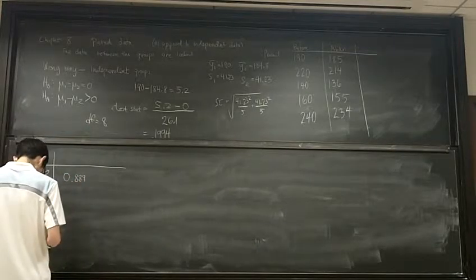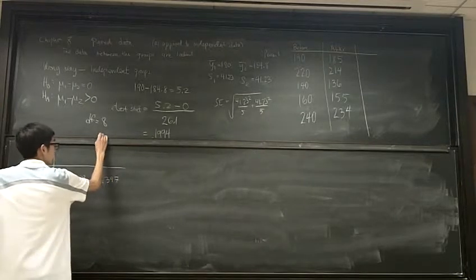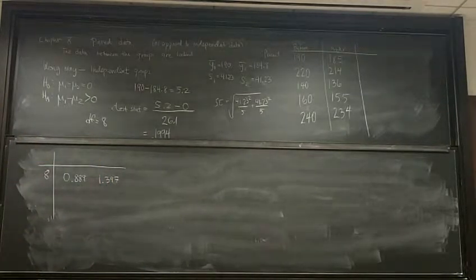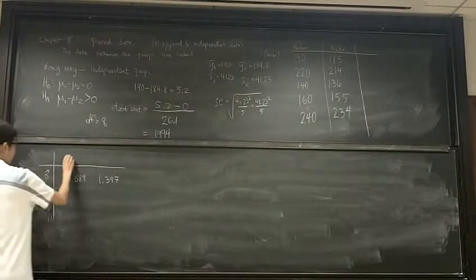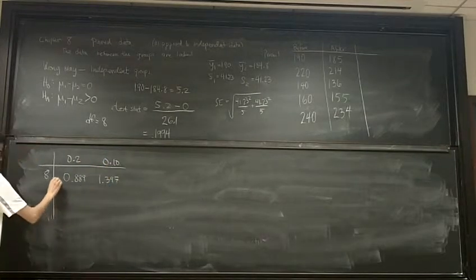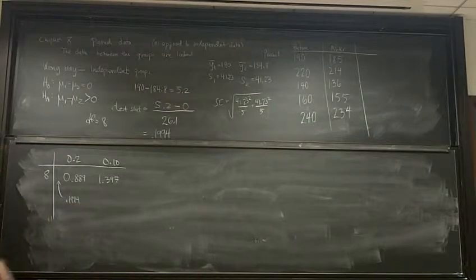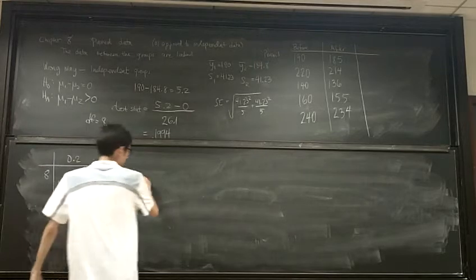And then the next number is 1.397. Okay, and I'm observing a test statistic of 0.1994. So 0.1994 is a lot less than 0.889.